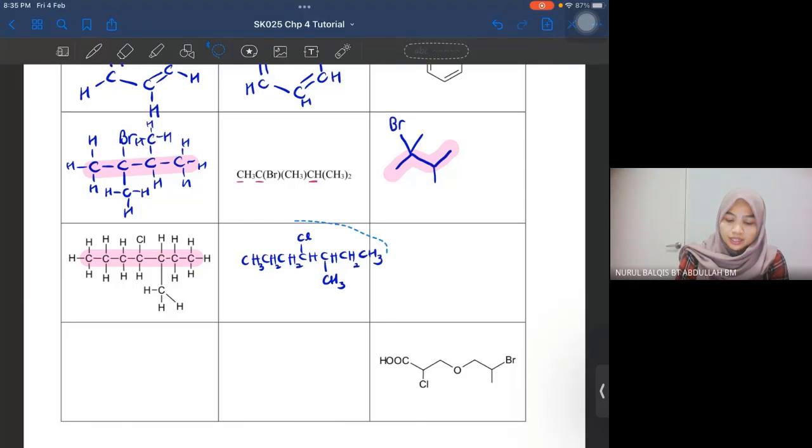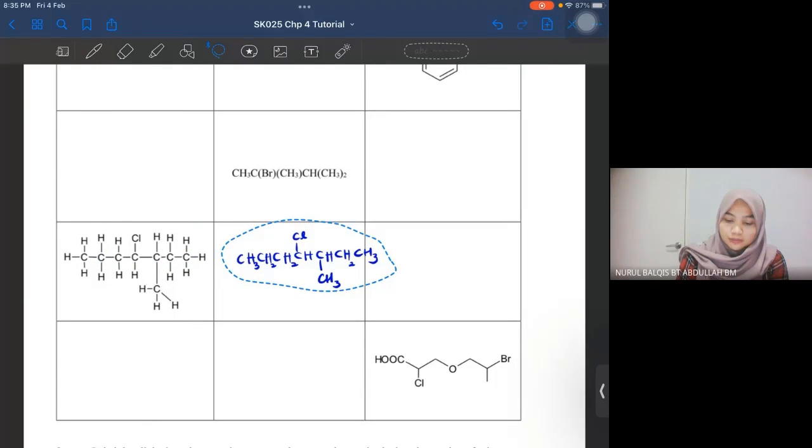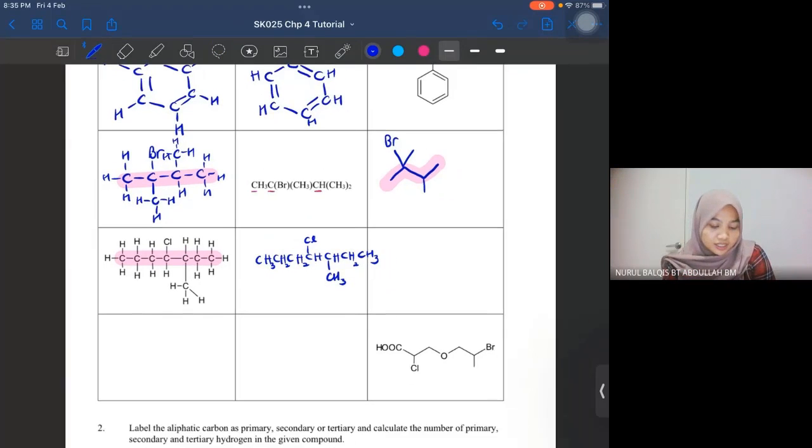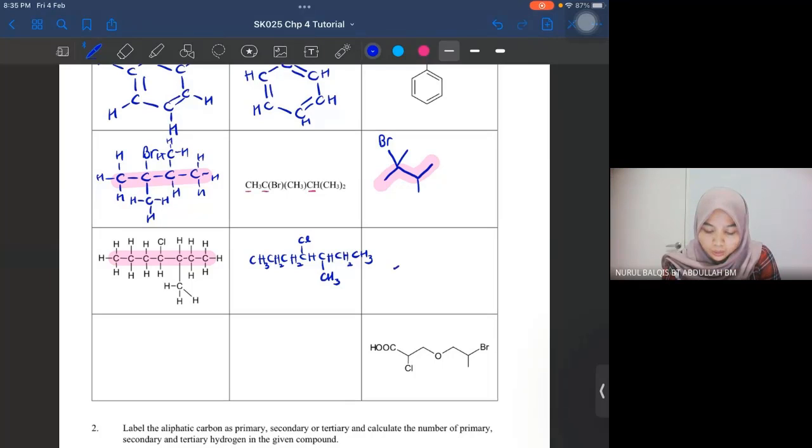Okay, then about the skeletal structure, again, 7 carbons: 1, 2, 3, 4, 5, 6, 7. Which carbon number is it? 1, 2, 3, 4. We have Cl there. Then on carbon number 5, we have CH3. Okay, done.